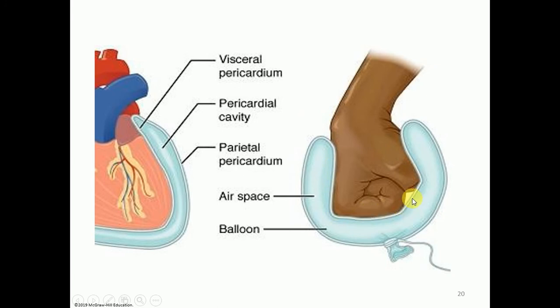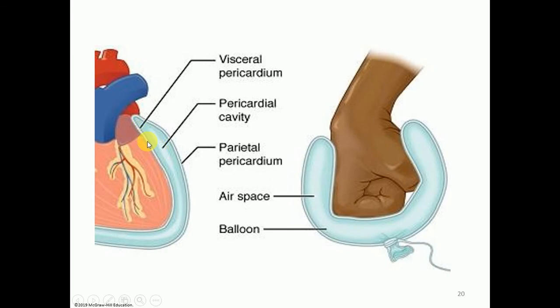If we compare that to the layers of the heart, we've put the heart instead of your fist in there. The layer that surrounds the heart is known as the pericardium. Peri means surrounding, cardium means heart.